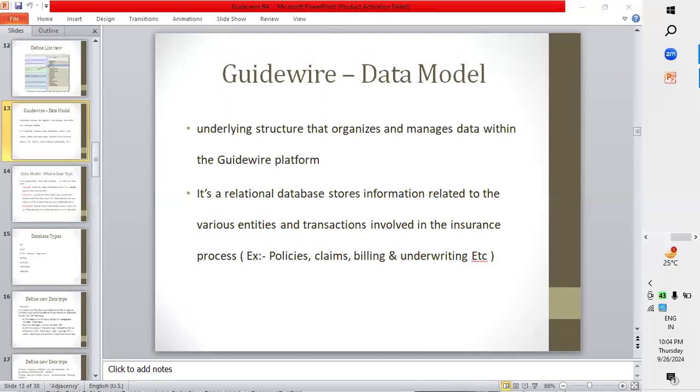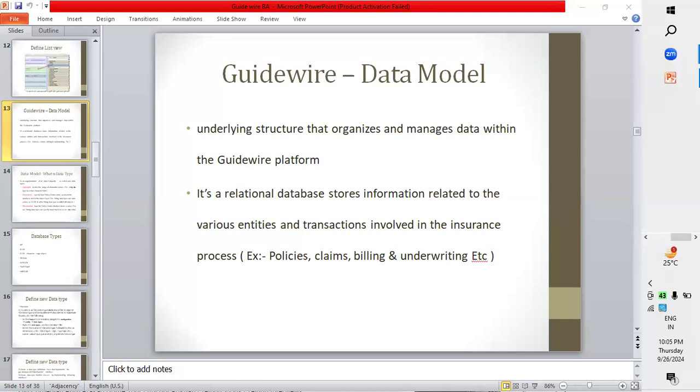Being a business analyst, our role mostly lies on the configuration part. Whenever we are working on the configuration side, it's important to understand what exactly the data model is all about and what we want to develop under the data model. This is something a business analyst must be good with.